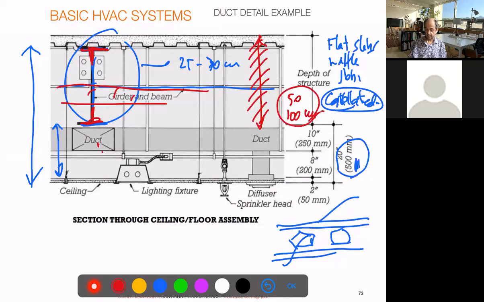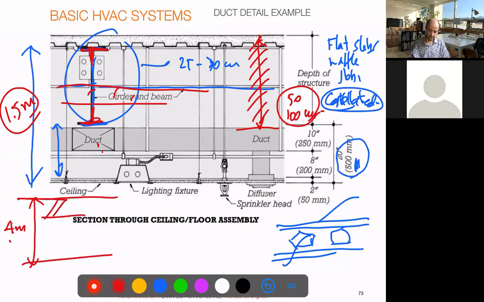of space. And it is telling you that you need like 1.5 meters between structure, suspended ceiling, and in a building which has a 4 meters floor height, you will have barely 2.5 meters of usable space, even less, which is not a very efficient way to use a space.